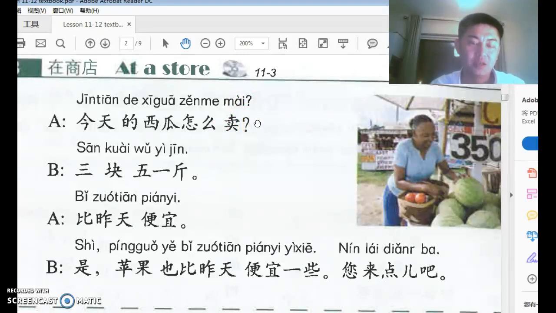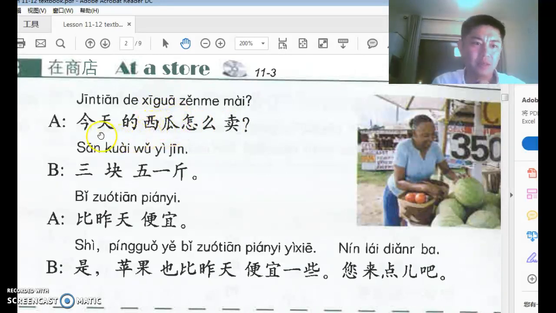And put them together, we have business, 买卖. 什么买卖? What kind of business? 怎么卖? How do you sell something? It doesn't mean how you sell something, but in what way you're going to sell. So how much are you going to charge in the process of selling this 西瓜, west melon? 瓜 is a melon, 西 is west.